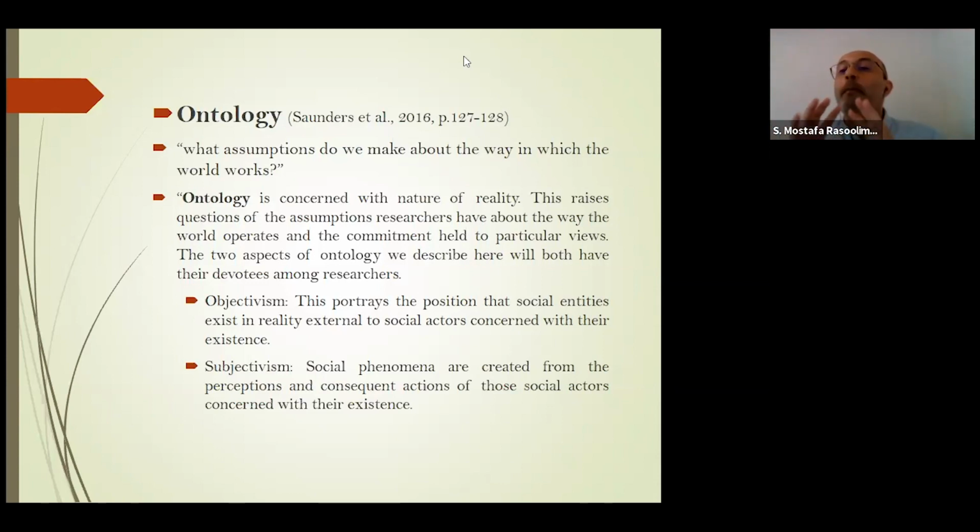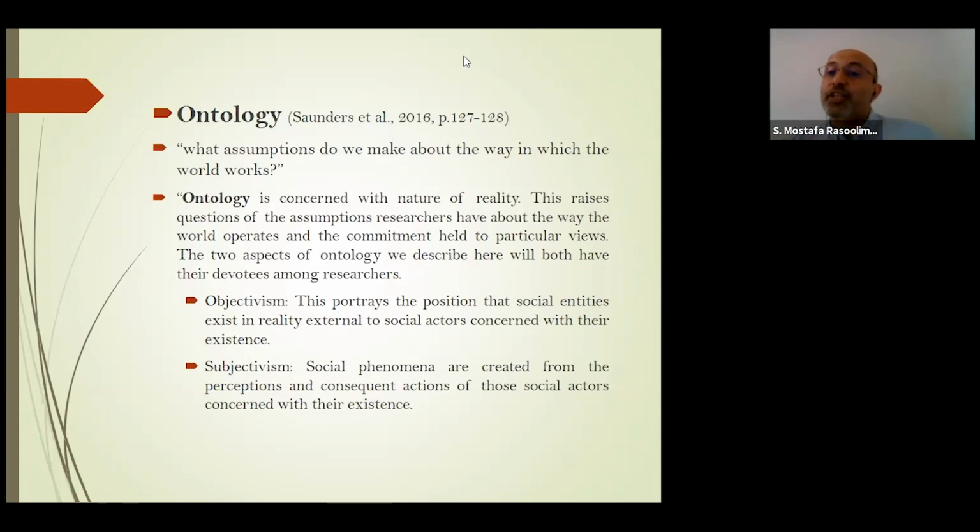So we have multiple realities. With multiple realities, we cannot get a common understanding about concepts like attitude and value. This is one way of thinking, one way to interpret and understand reality.